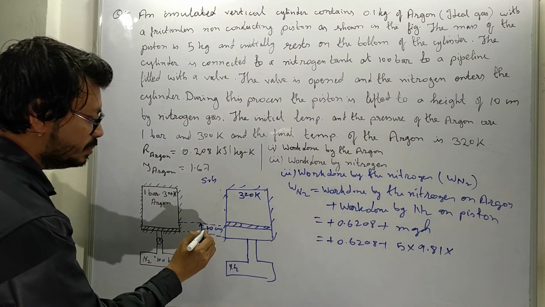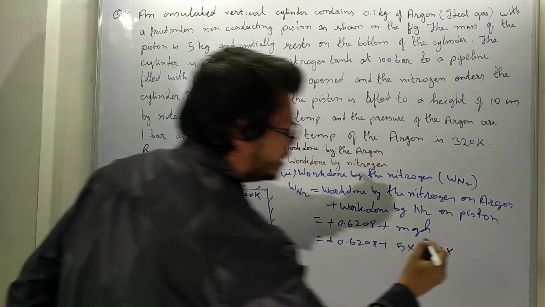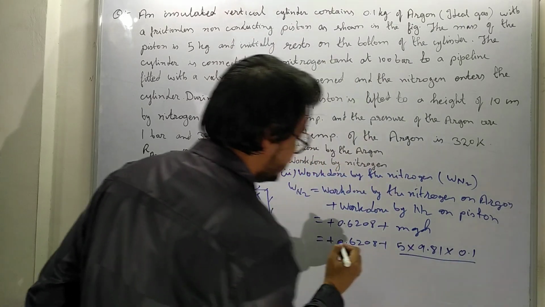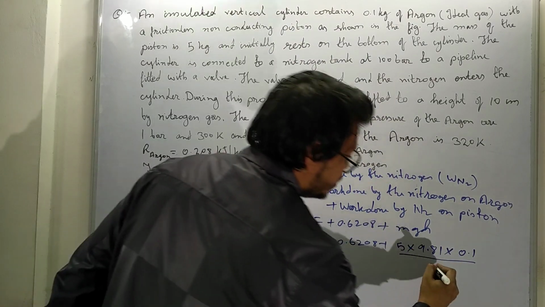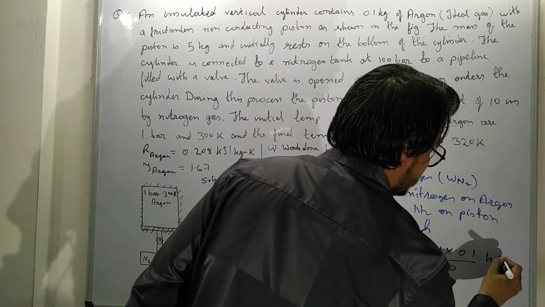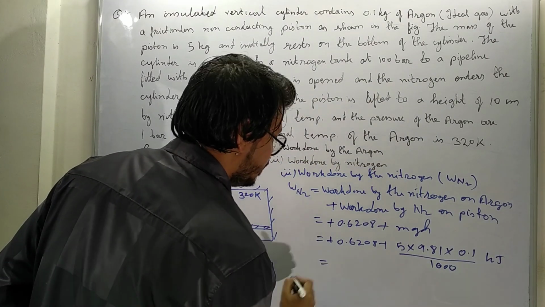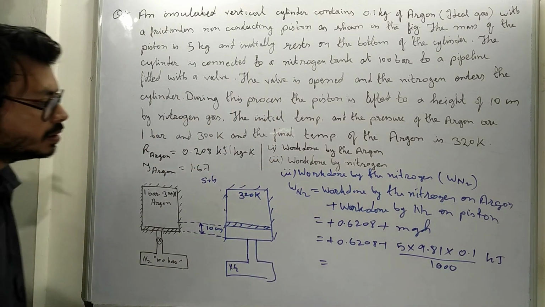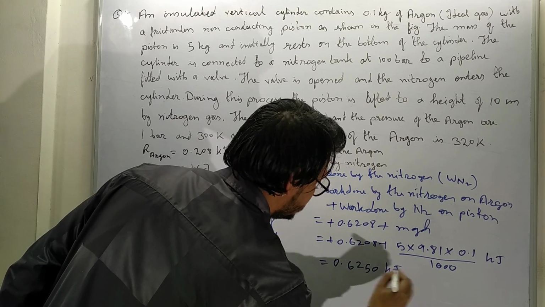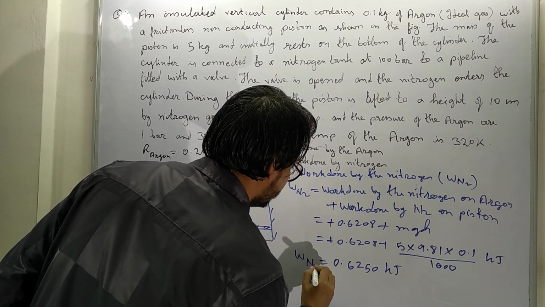The height is in centimeter, so if we convert it in meter, we will get 0.1, and since the value is in kilojoule, we also convert this to kilojoule, so we divide this by 1000. Now it is kilojoule. Solving, we get the value as 0.6250 kilojoule. This is the work done by the nitrogen.